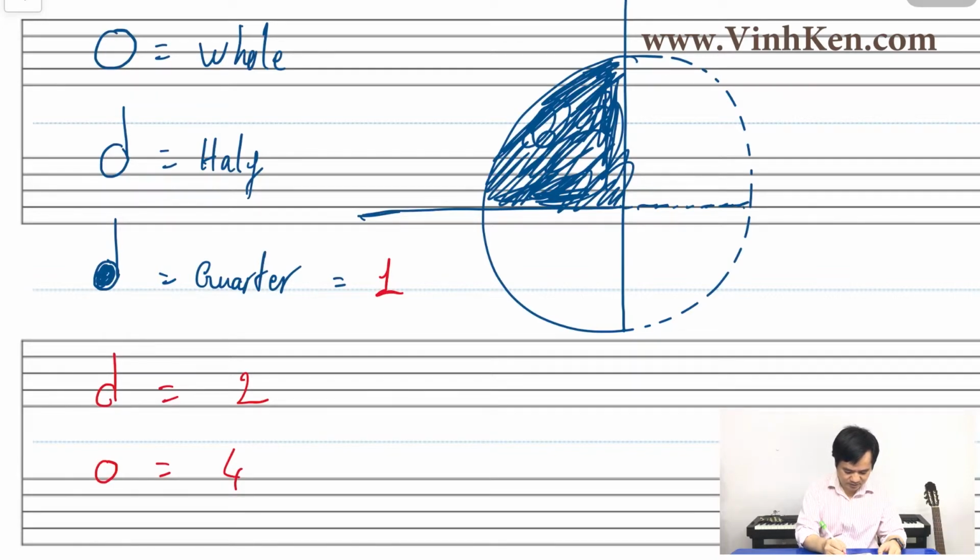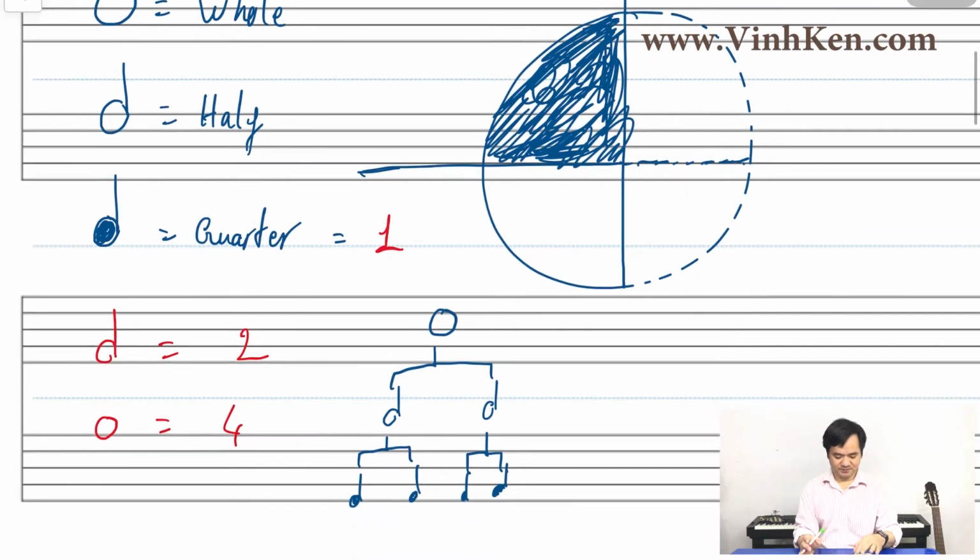Yep, we have a map. So a whole equals 2 halves equals 4 quarters. Right? Do you see? Very easy, right?